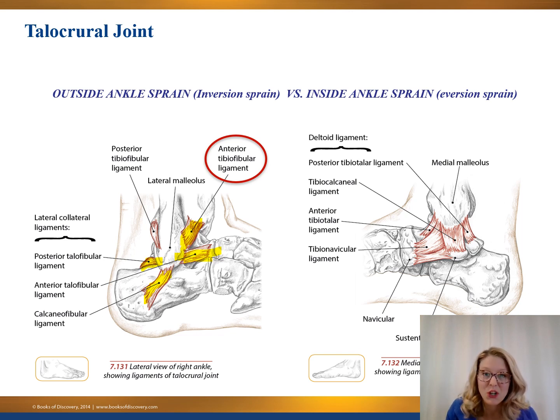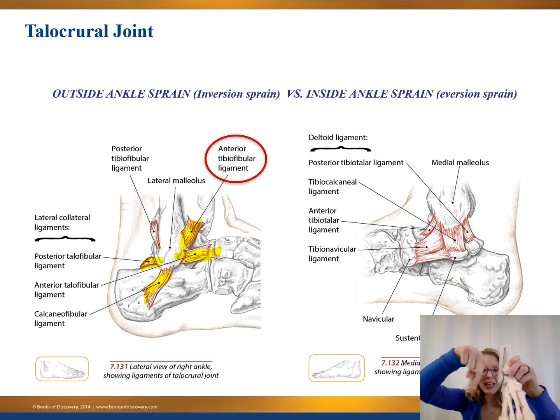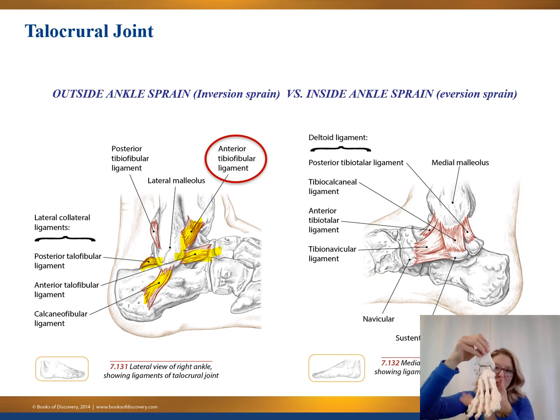They take a little longer, it's more complex, because the purpose of this seatbelt is to prevent these 2 bones from splaying a lot when we weight bear on the talus, okay? They're meant to have a little bit of give, but again, with that seatbelt there, not too much.